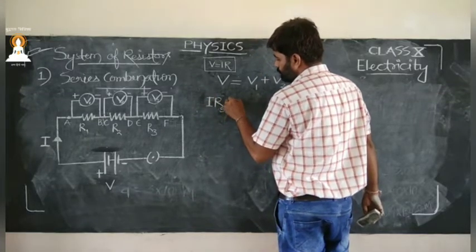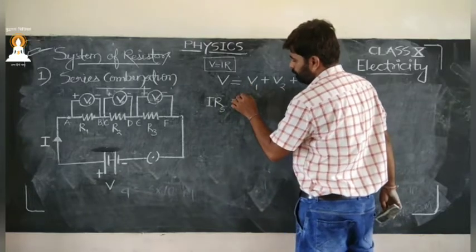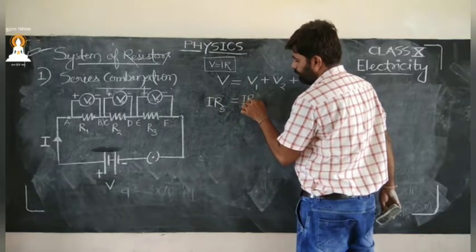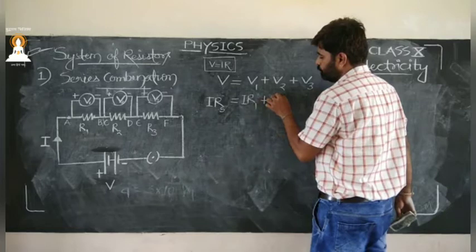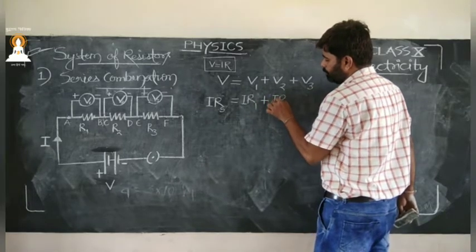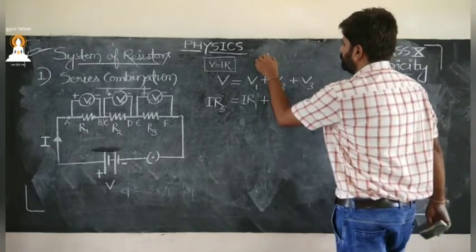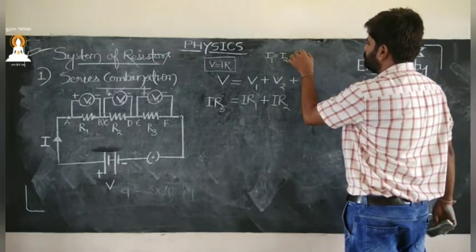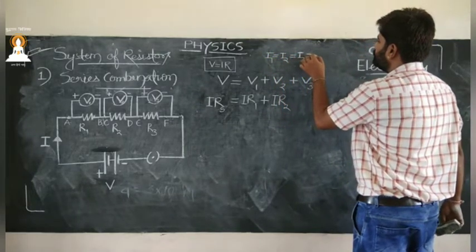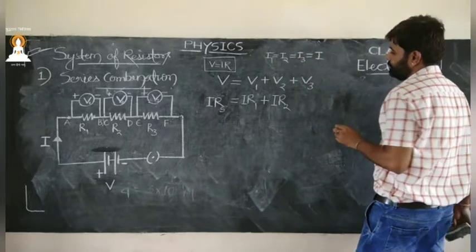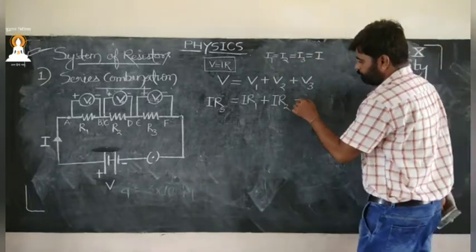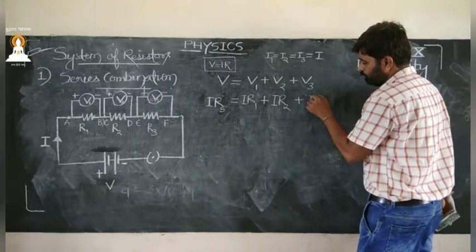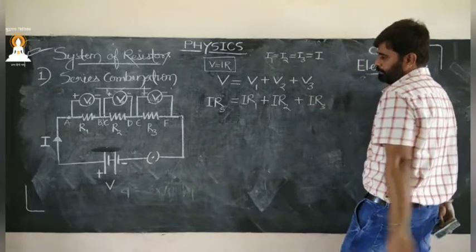For V1, I will have I into R1. For V2, I will have I into R2, because I1 is equal to I2 is equal to I3 is equal to I. Then I into R3.